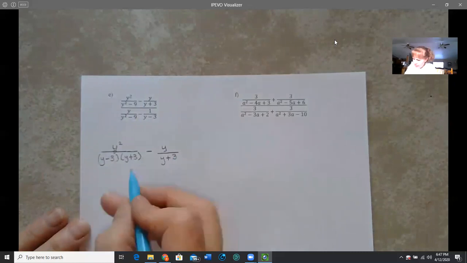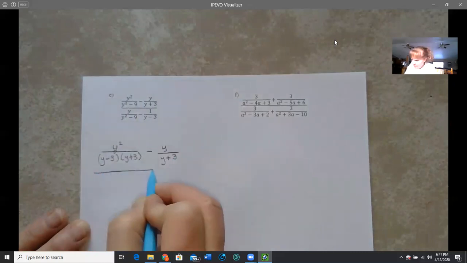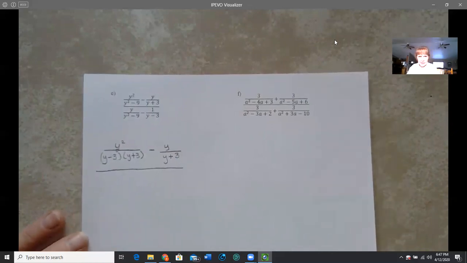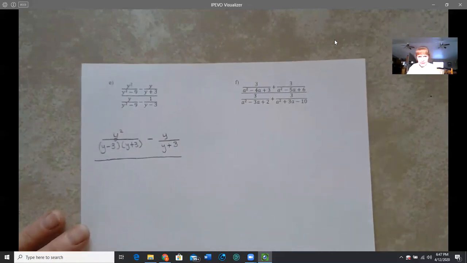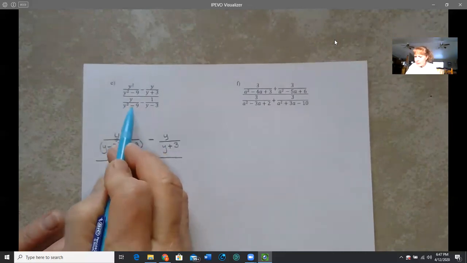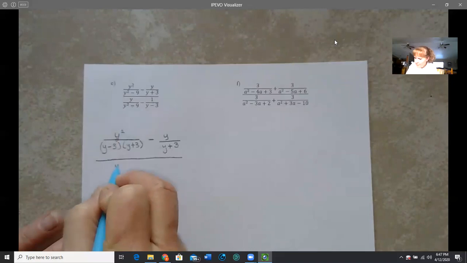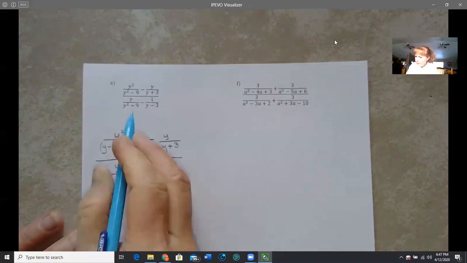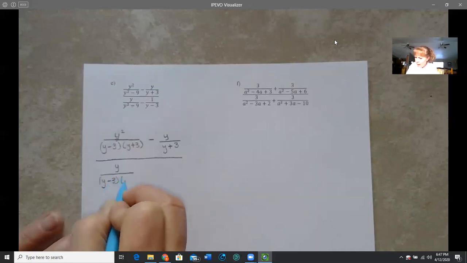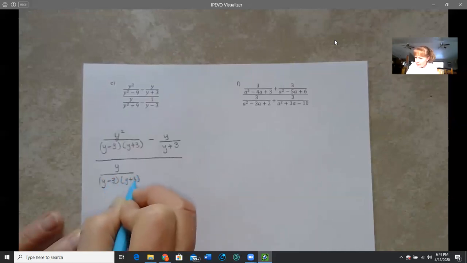Now let's go ahead and do the next one down below. I'm losing my sunlight, so I may have to turn the light on overhead. But let's look at this next fraction. We have y over, factoring, y minus 3, y plus 3, a difference of squares.